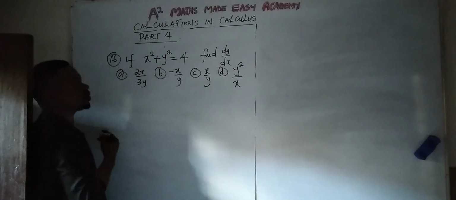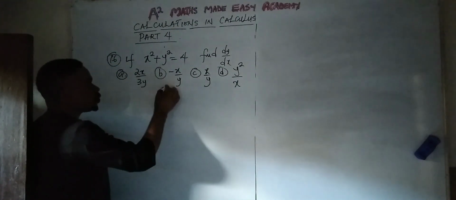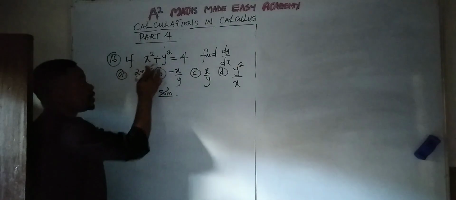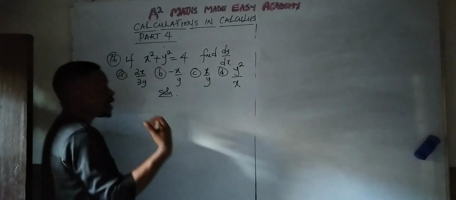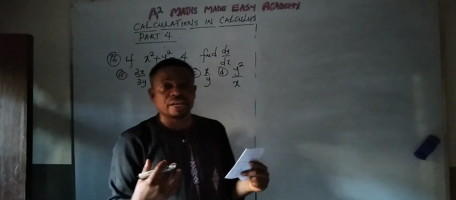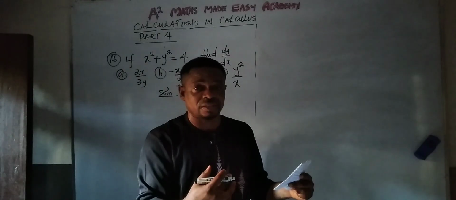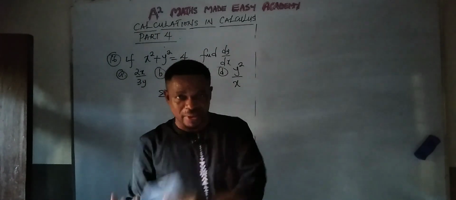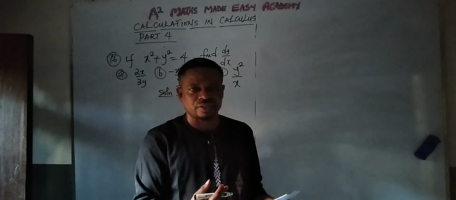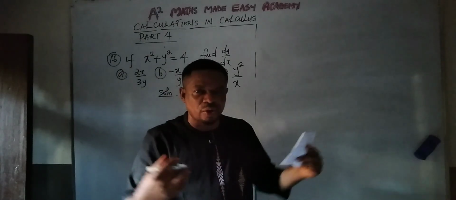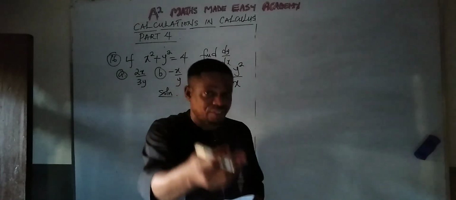Now what is the nature of this question? This question is what we call differentiation by implicit function. What do we mean by implicit function? It is a combination of the dependent variable, which is y, and the independent variable, which is x. When both of them are combined together, it is called an implicit function.